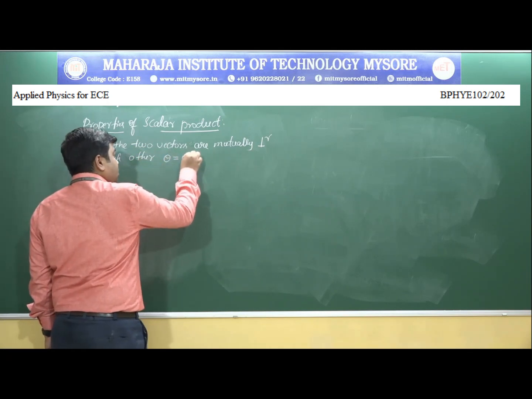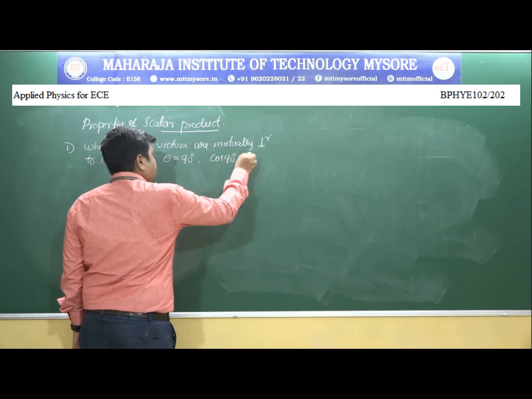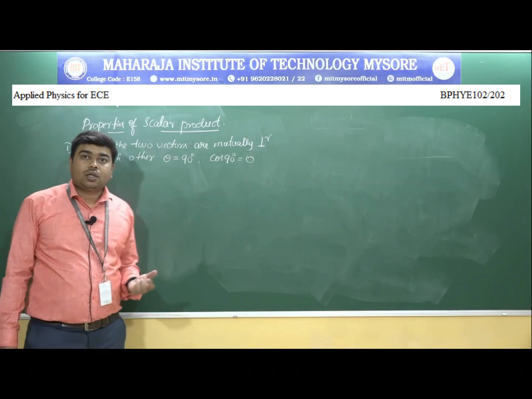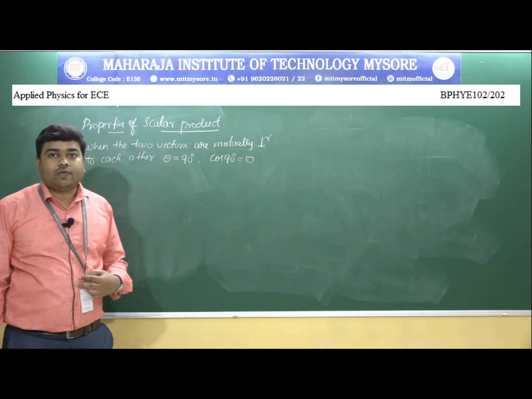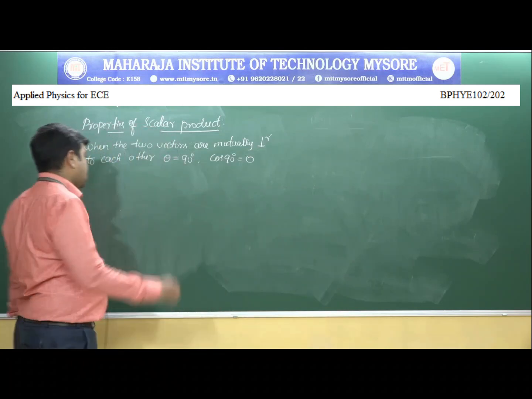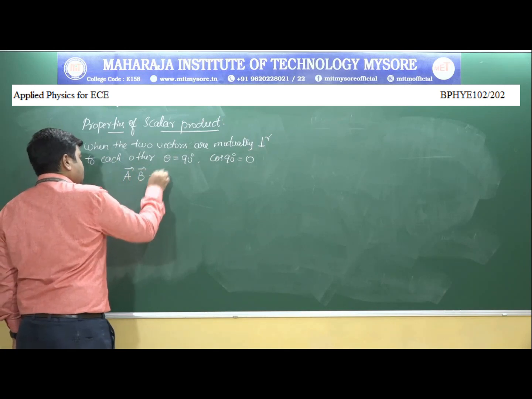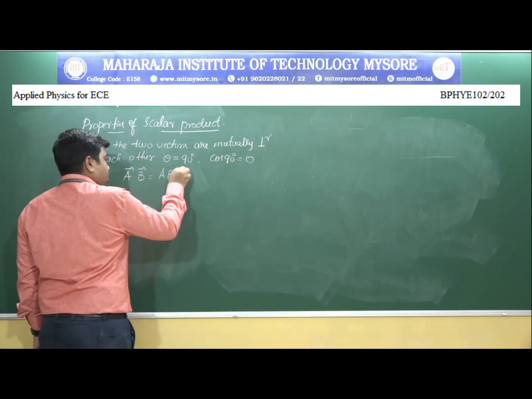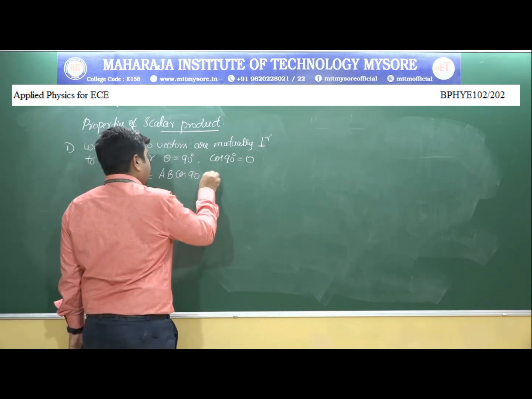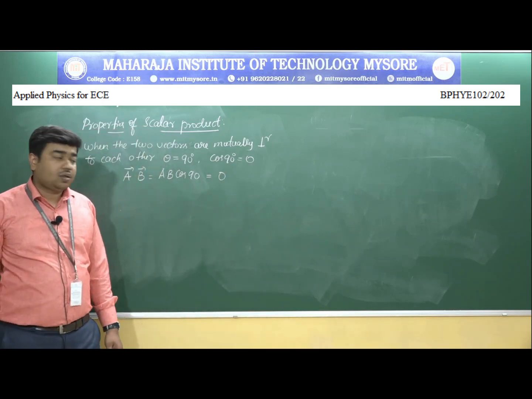Theta is equal to 90 degrees and cos 90 degrees becomes equal to 0. So if any two vectors are mutually perpendicular to each other, then if you take the dot product of those two vectors, the resultant will be equal to 0, because vector A dot vector B is AB cos 90. Since cos 90 is equal to 0, the whole answer, the resultant, will also become equal to 0.